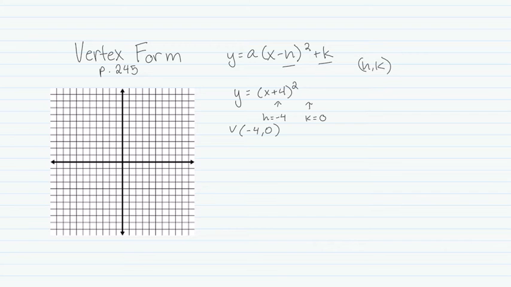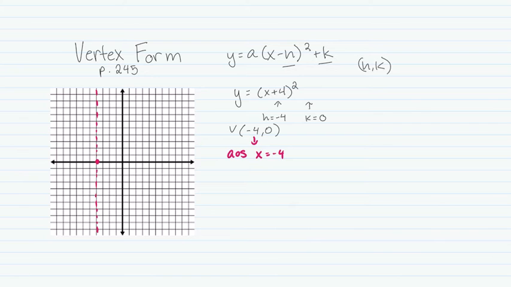And I'm going to go ahead and plot that point, negative 4, 0. That is my vertex. And my axis of symmetry is always the x-coordinate of my vertex. So that means whatever points I have on the left side, I can reflect over that line and get points on the right side.